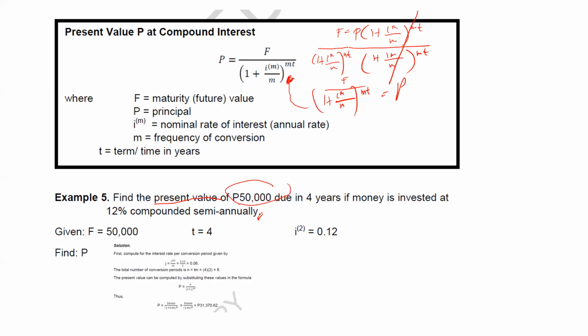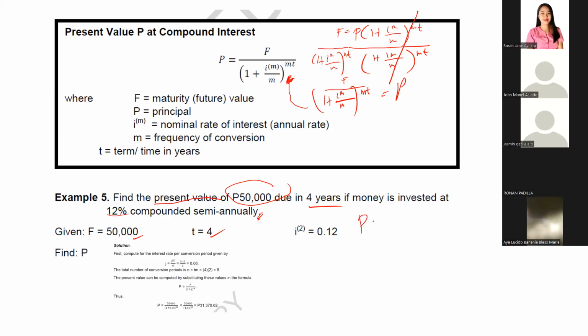Find the present value of 50,000. So, meaning, this is the future value. Pero dating amount kay ni 50,000. So that is future value. T is 4 years, so that is 4. Annual interest is 12%. In decimal, that is 0.12.